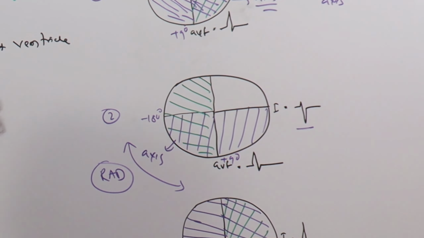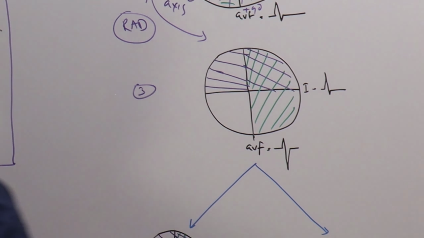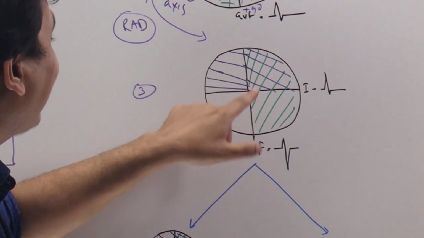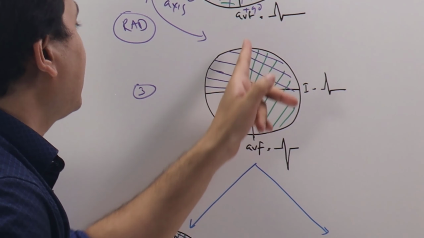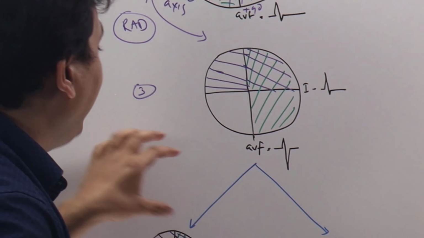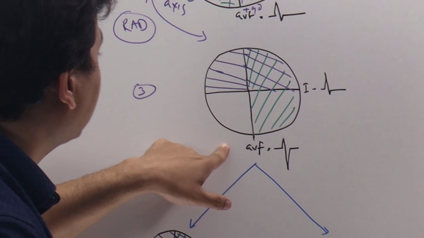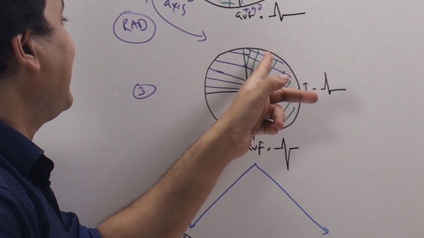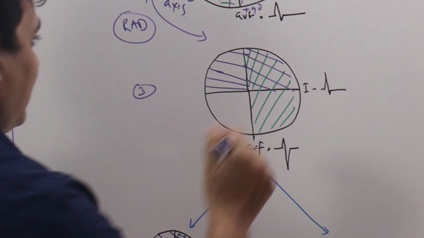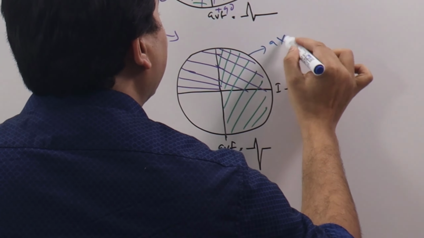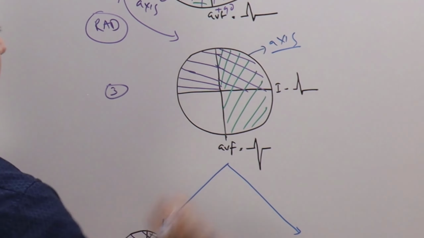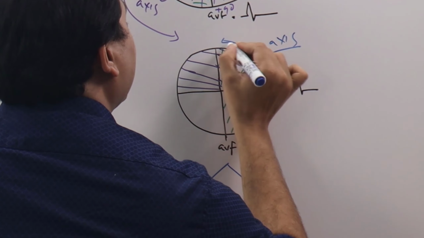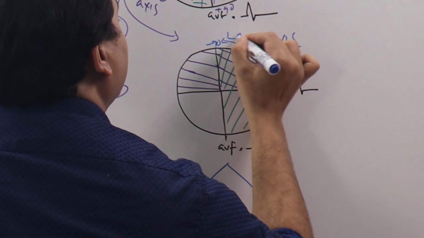Now the third scenario is a little bit different. Let us discuss. If lead 1 is positive, that means the axis lies on the right side of this vertical line. If AVF is negative, that means the axis lies above this transverse line, and their cross section is the axis. Now here is the interesting part. Up to minus 30 is normal axis, and beyond this, up to minus 90, is left axis deviation.